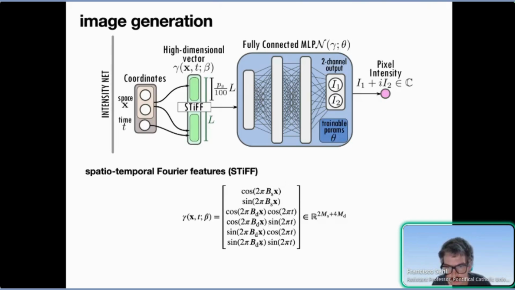And this will be the dynamic part, and this will be the static part. And here also the images are complex, so we need to have two outputs. One will be the real part, and one will be the imaginary part.